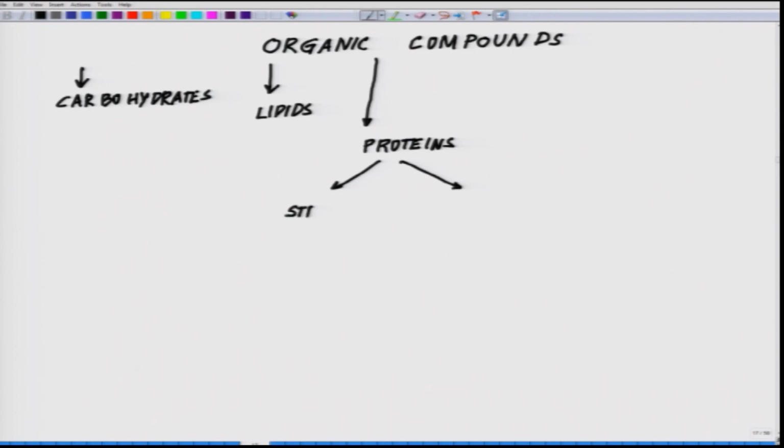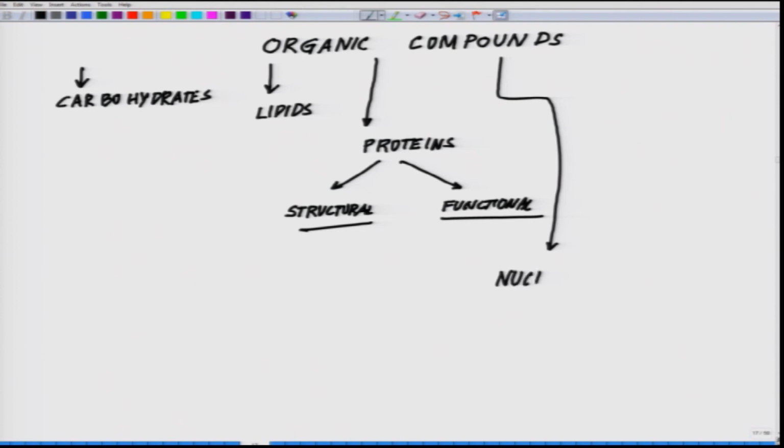You could have structural proteins as well as the functional ones. Of course, both are functional, but these are the ones taking part in direct reactions, and these are the ones forming the structural components. Then you have the genetic machinery, which is run by the nucleic acids, and they have specific locations within the body.